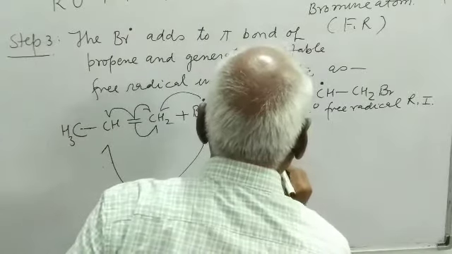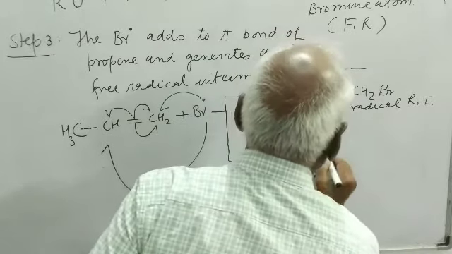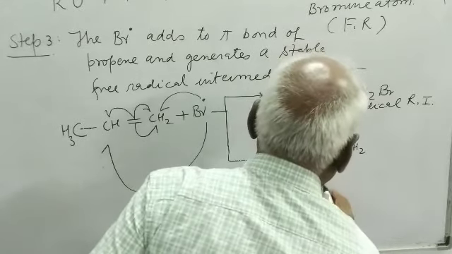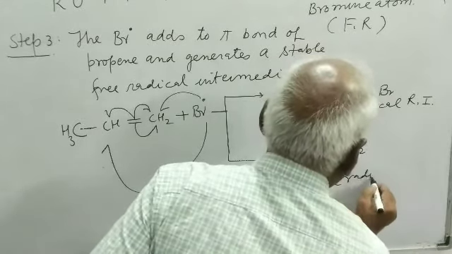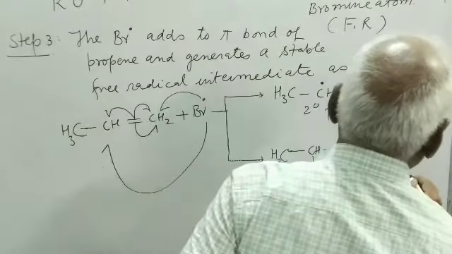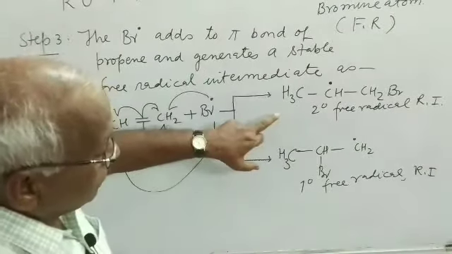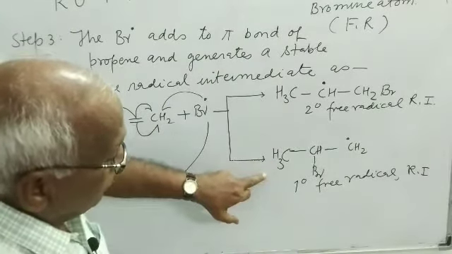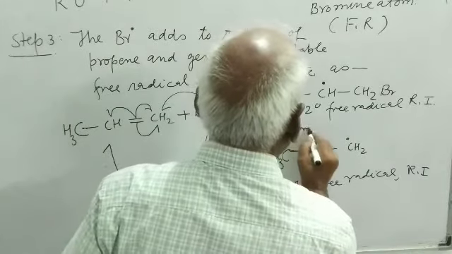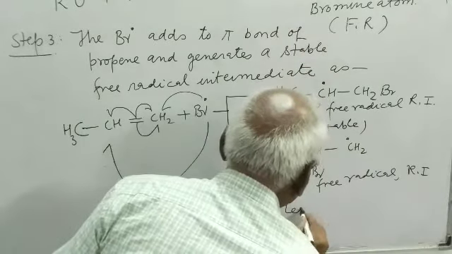So another reaction intermediate is CHBr CH2. This is a 1 degree free radical reaction intermediate. So these are the two reaction intermediates. This is more stable and this is less stable.